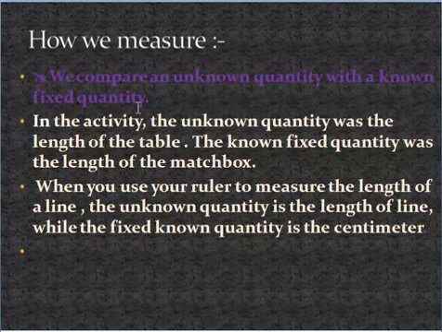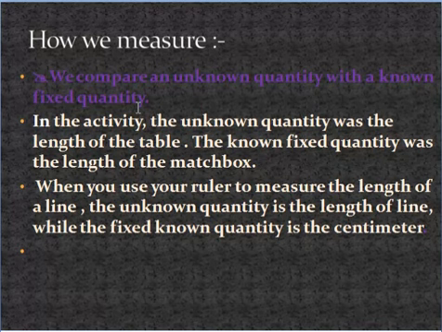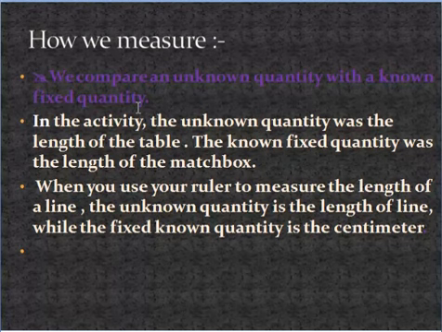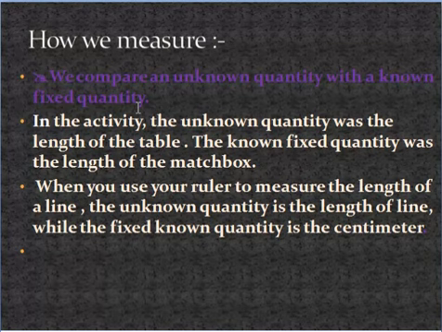In our daily life we use a ruler or scale. The scale has a fixed length, 15 centimeter, 20 centimeter or 25 centimeter, and the line which we have to draw, we draw by keeping our scale as reference.